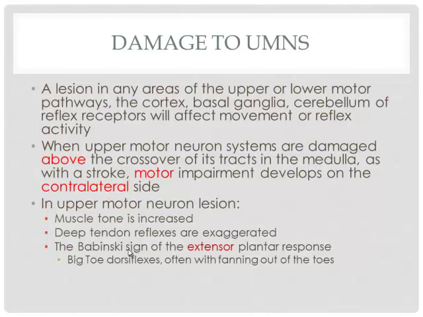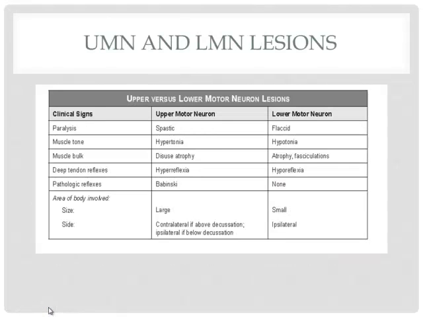And when somebody has damage to the upper motor neurons above the crossover, we have talked about that the motor impairment is going to occur on the opposite side. Okay, so there are going to be very specific findings that you're going to find when people have injuries to their upper motor neurons and their lower motor neurons.